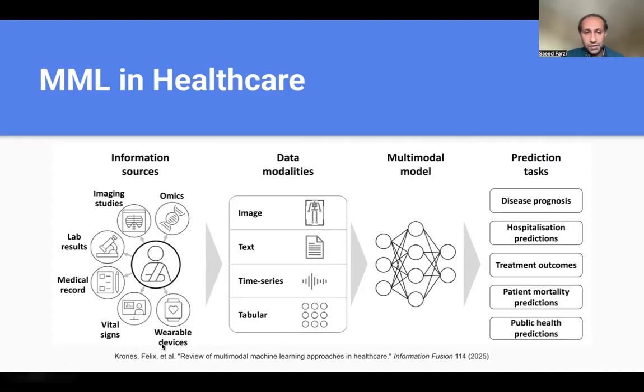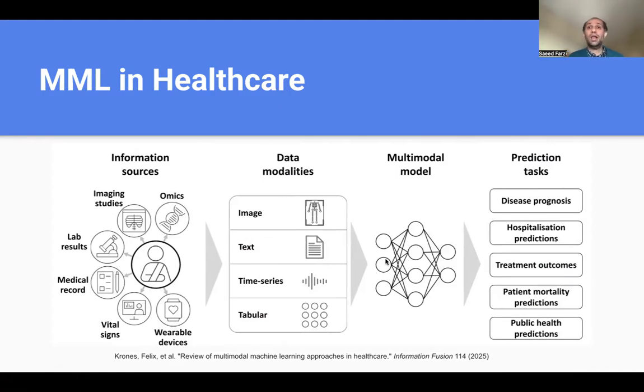I categorize this kind of data into four general categories: image, text, time series, and tabular data. This part demonstrates the data modality, different data types. Of course, all of them at the same time should be fed into the multimodal model.